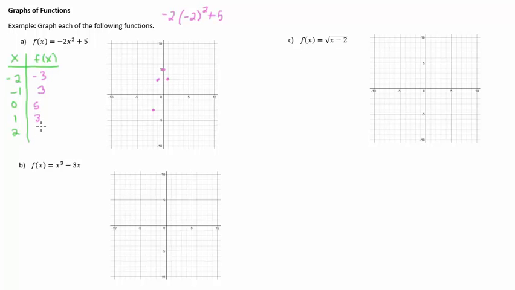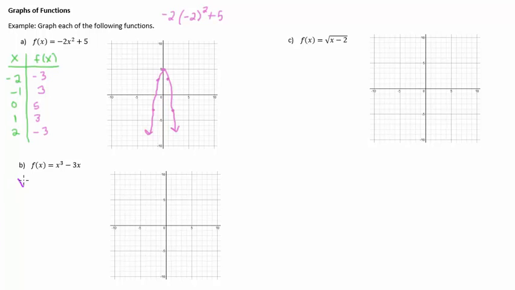If I plug in 2, that gives me negative 3. So we picked some good numbers here because an x squared means that we have a parabola, which is a u-shaped graph, and without having to find other points, we pretty clearly were able to see the u shape of that graph.